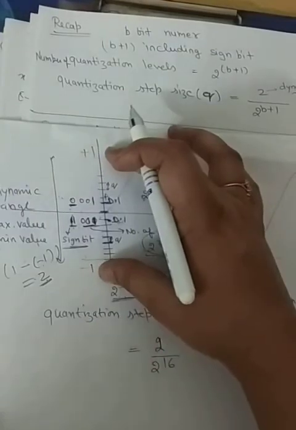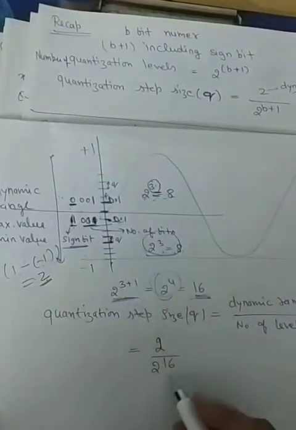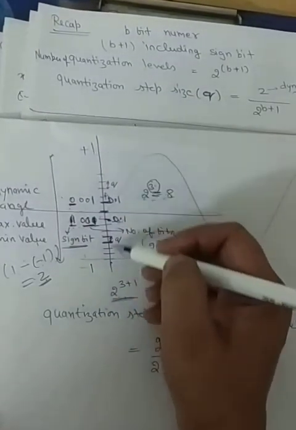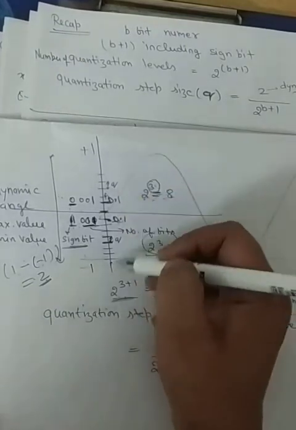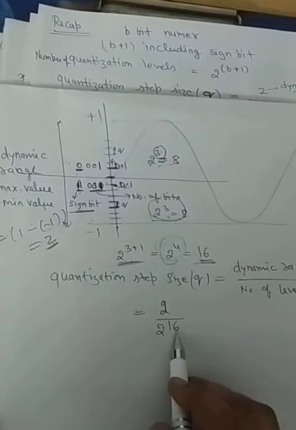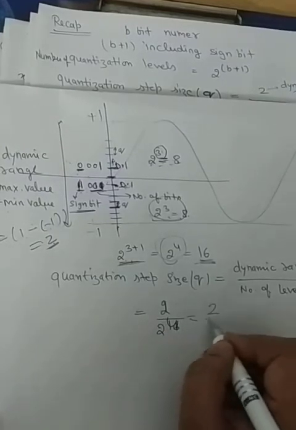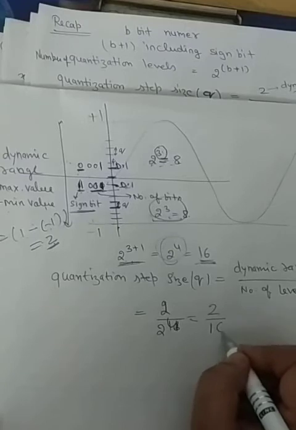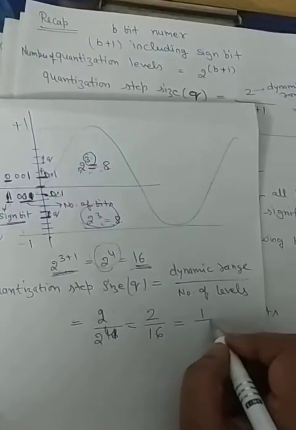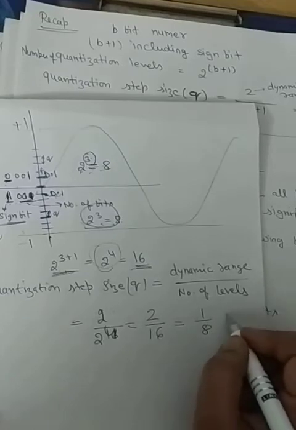Dynamic range is equal to 2 in this case, and the total number of levels in which the whole range is divided is 2 raised to power 4, meaning 2 upon 16. So the quantization step in that particular case is 1/8.